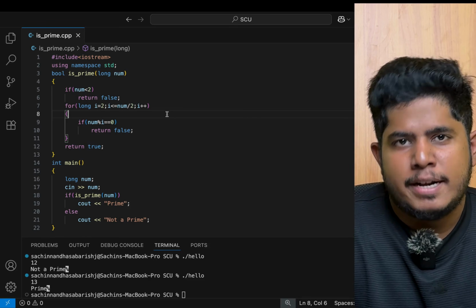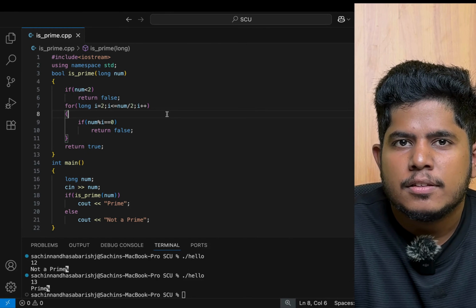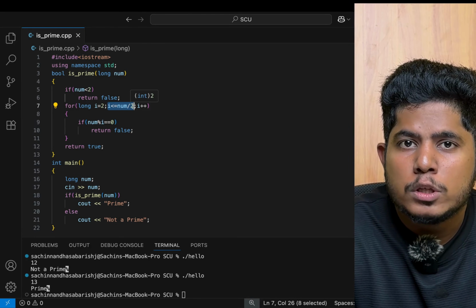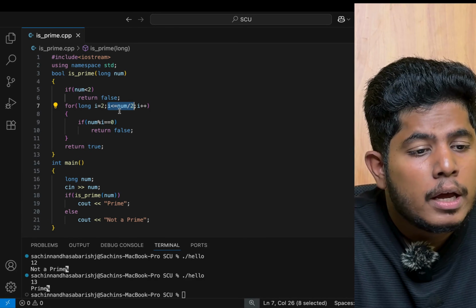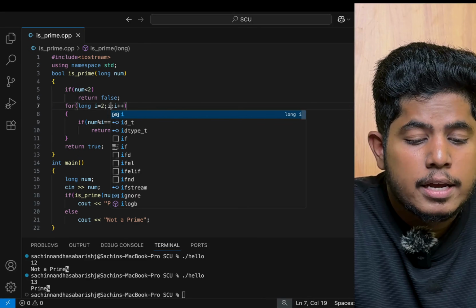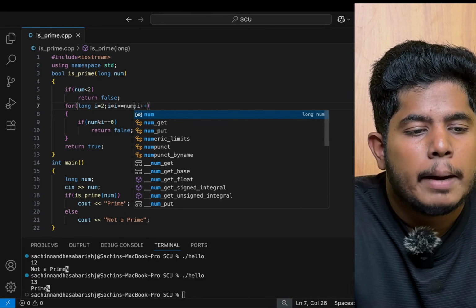Coming to the implementation, again it's a very simple change here. Initially it was I less than or equal to num minus 1, which we changed to I less than or equal to num divided by 2, and now the condition should be changed into I multiplied by I less than or equal to num.